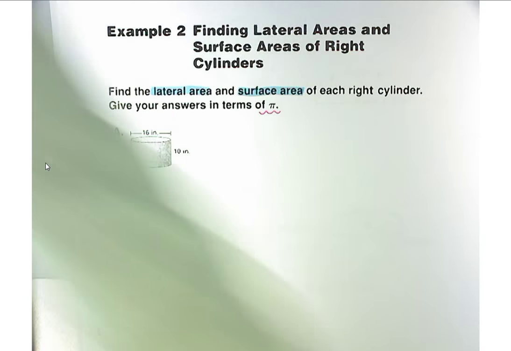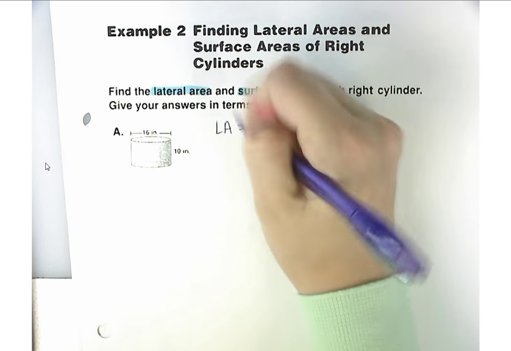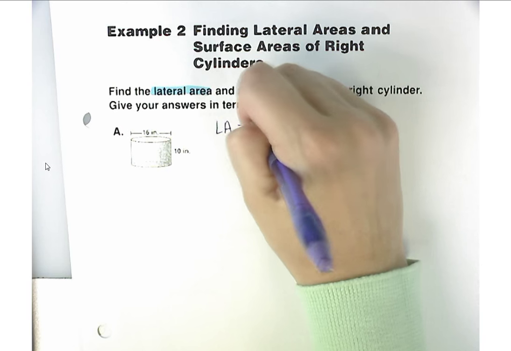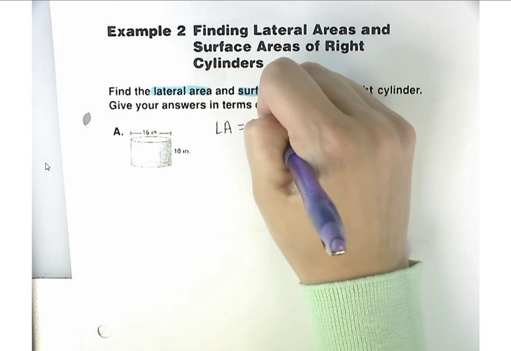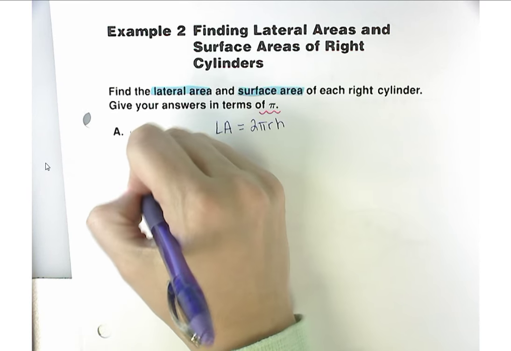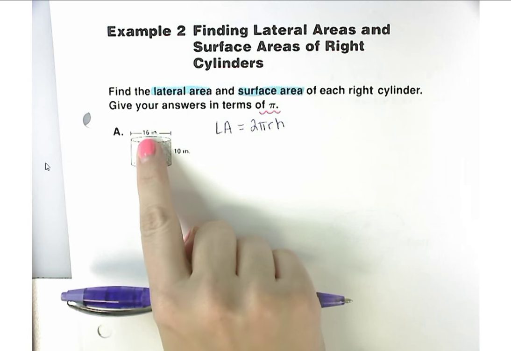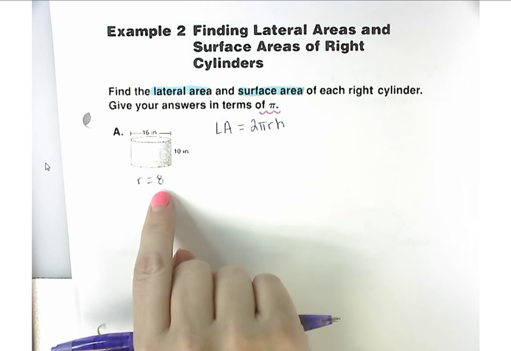Okay, so to find your lateral area is the perimeter times h, which is 2 pi r times h. Okay, Jared, what's going to be your radius for this one? 8. Good. How'd you calculate that? 16 pi by 2. Okay, good. So they give you the diameter, right? You have to calculate what the radius is.